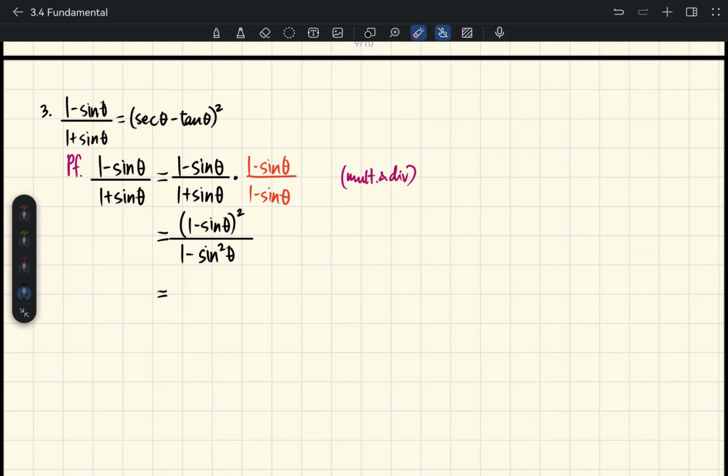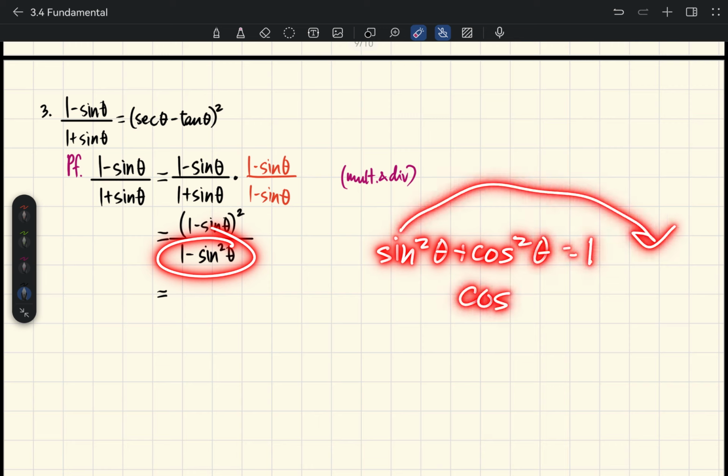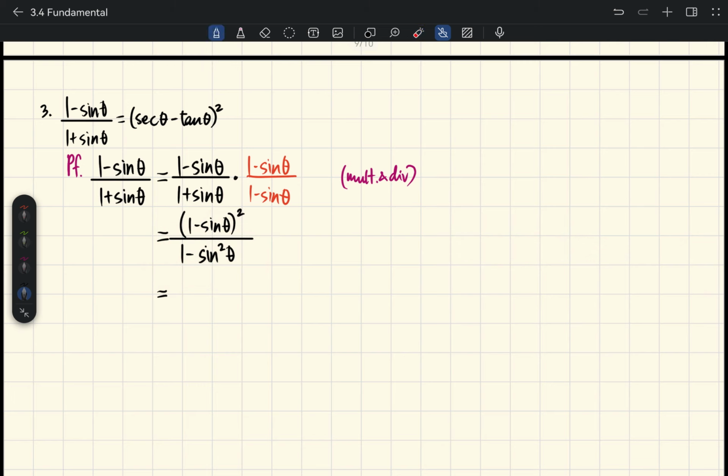So first, let's simplify the denominator. So recall that sine squared theta plus cosine squared theta equals 1. So transferring this to the right side, we get cosine squared theta equals 1 minus sine squared theta. So the denominator becomes cosine squared theta.